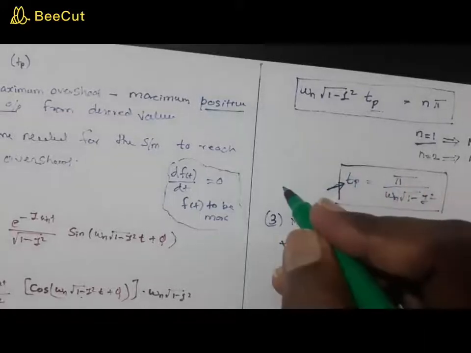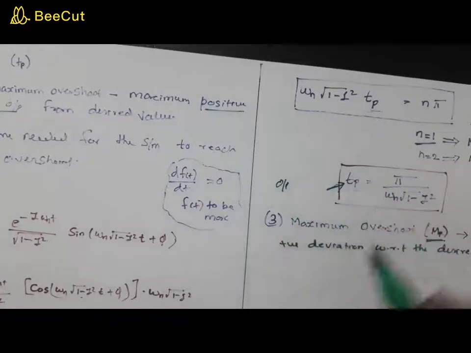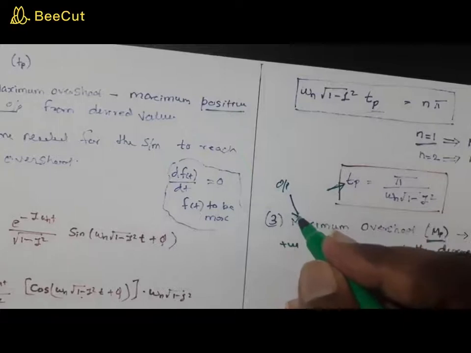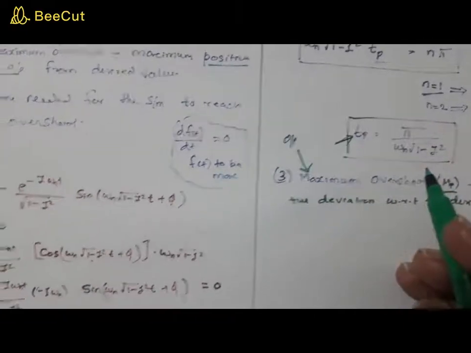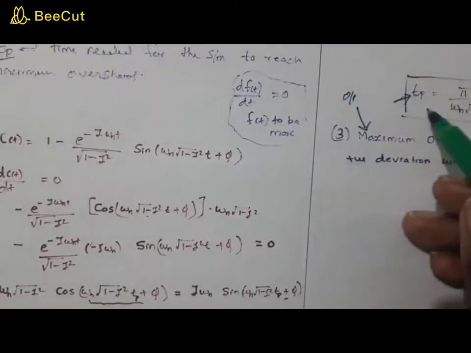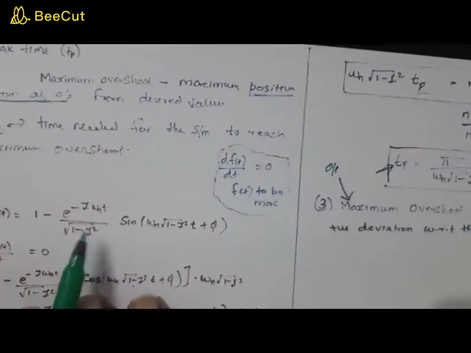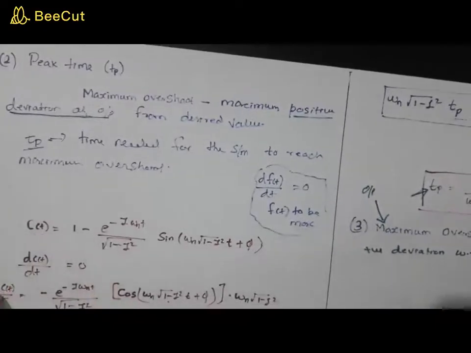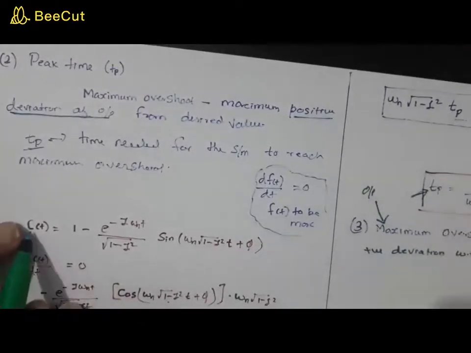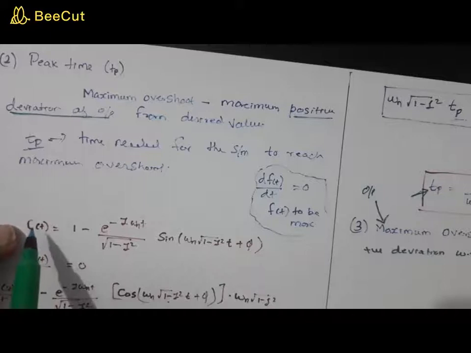At this TP, the output response reaches the maximum overshoot, right? So if you substitute this TP in this equation, C of t is your maximum overshoot. That means at TP the C of t is going to be the maximum deviation, or the maximum value of C of t.